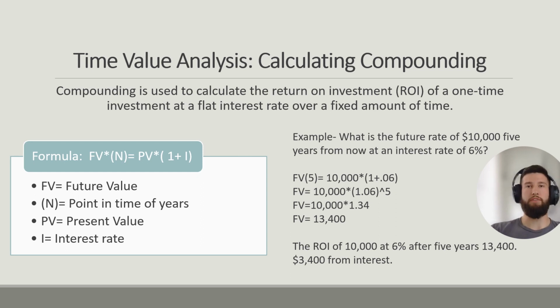Then you have your future value with the 5 as n for the number of years. 1 plus the interest rate is 0.06. And as you calculate that, at the bottom here you get $13,400. So you've accumulated $3,400 total from interest after 5 years. That's pretty good. That's not too bad.